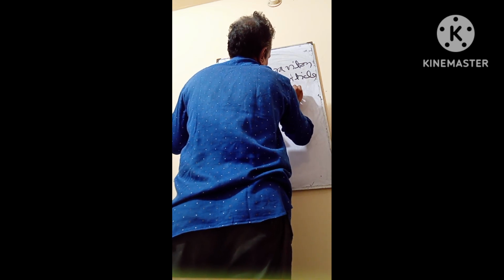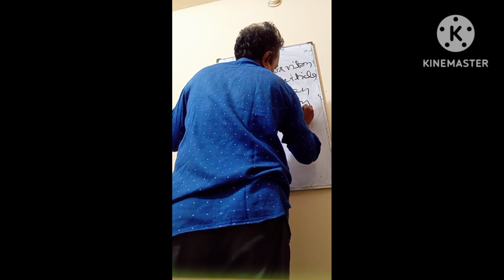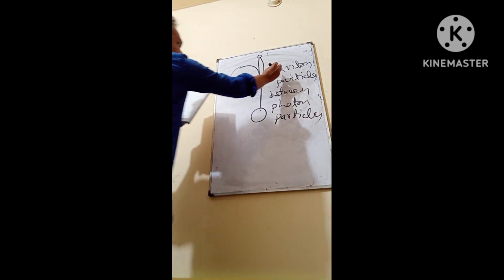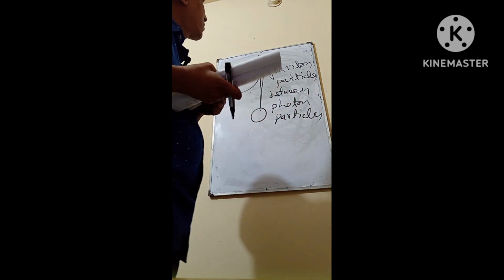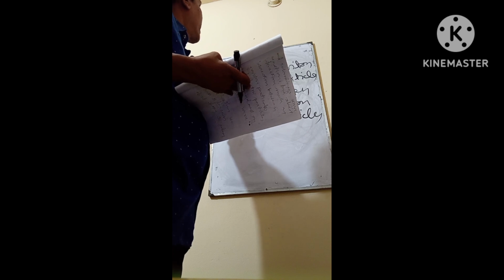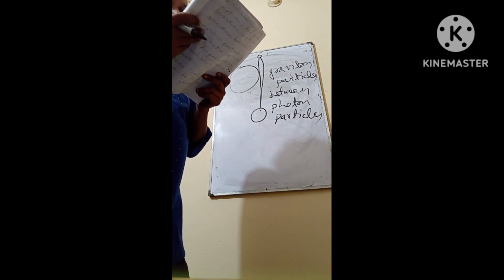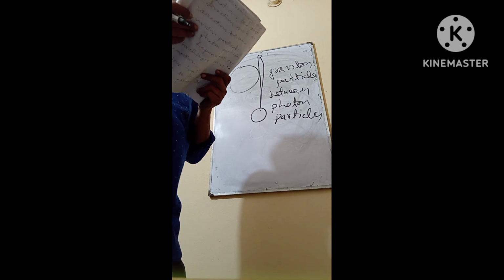between the photon particles. Graviton particles between the photon particles, and gravitational particle interaction depends on gravity. Now, the direction of light is bending.